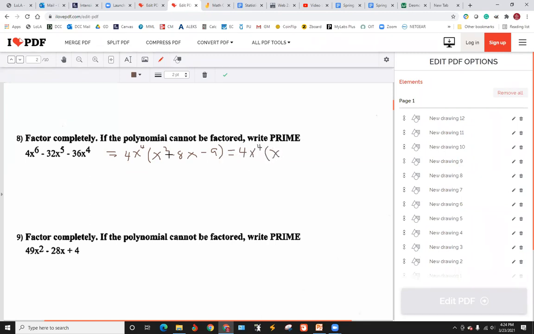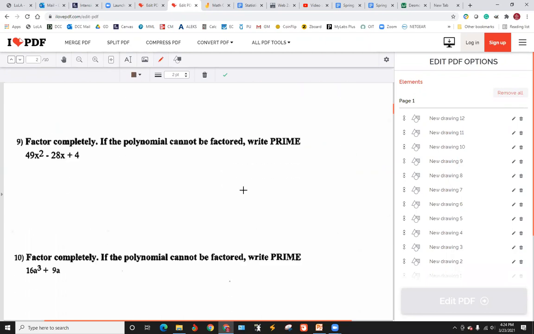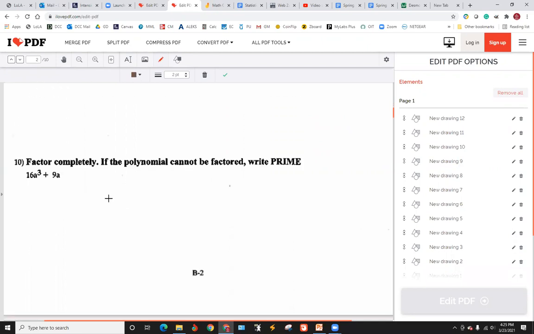So it's going to be x plus and x minus. All right. So factors of 9 that have a difference of 8. So that's 9 and 1. I think we did that exact same problem over there. The only thing that can be factored out of here is an A.